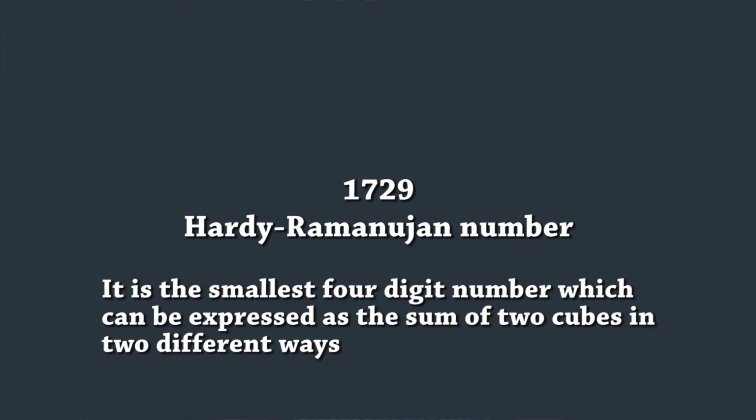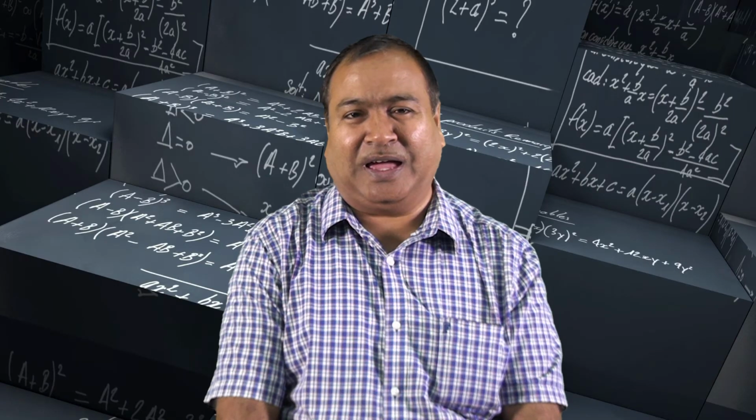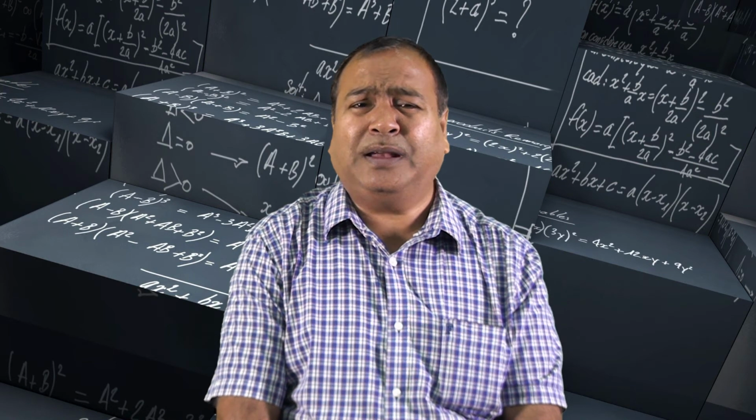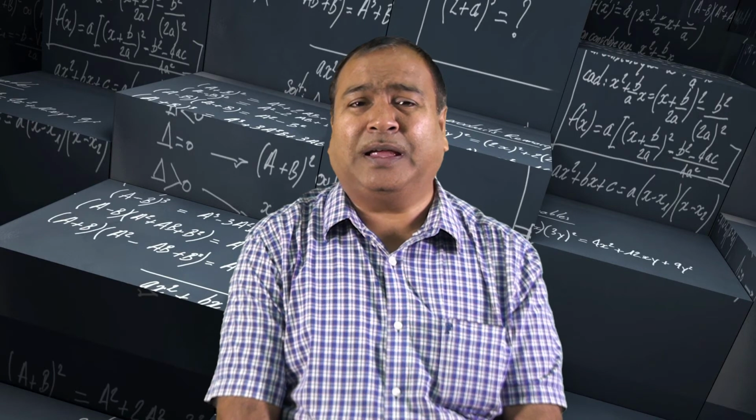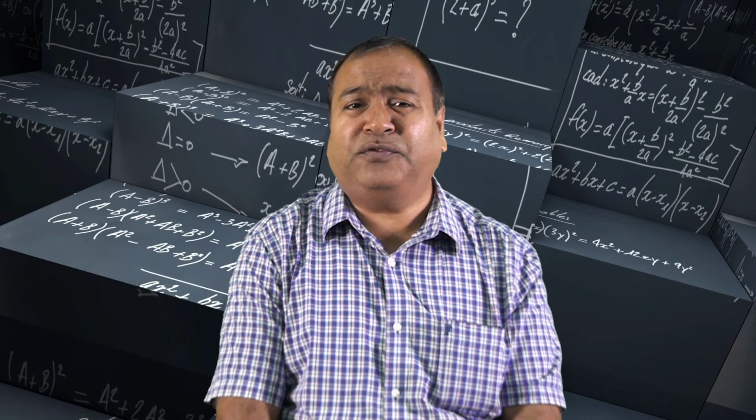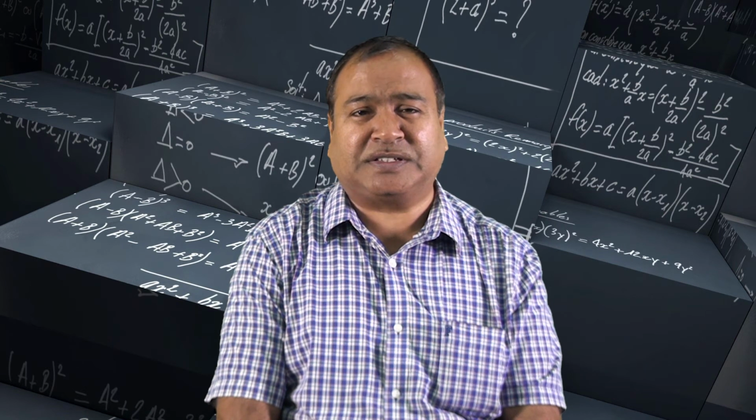Yes, it is the smallest 4-digit number which can be expressed as the sum of two cubes in two different ways, as 1729 is equal to 9 cube plus 10 cube, which is also equal to 1 cube plus 12 cube. Similarly, there are some other numbers also with the same property, as they can be expressed as the sum of two cubes in two different ways.